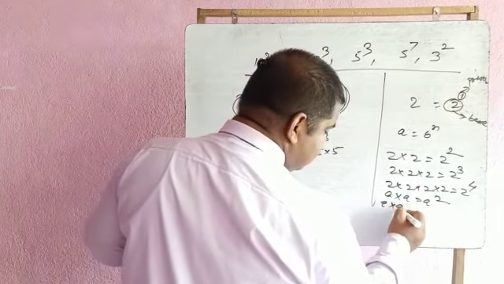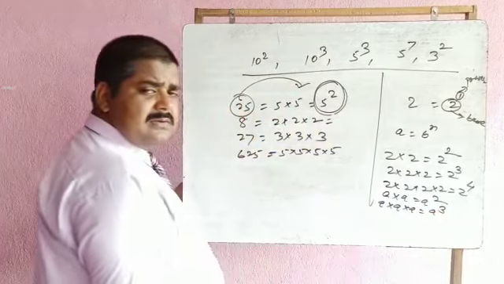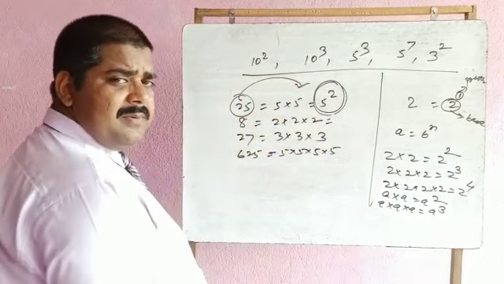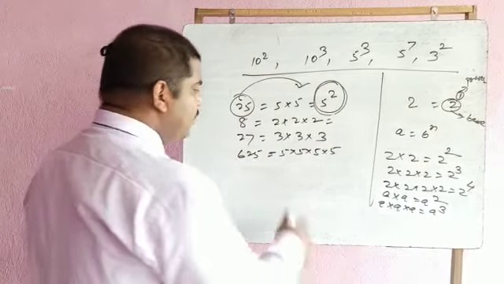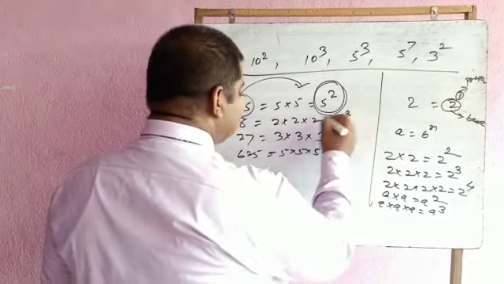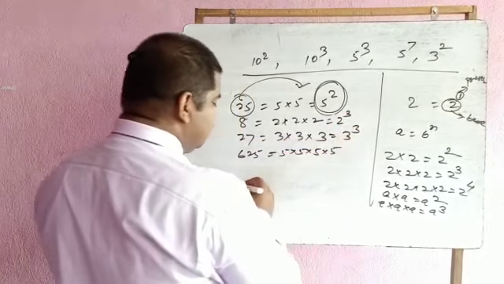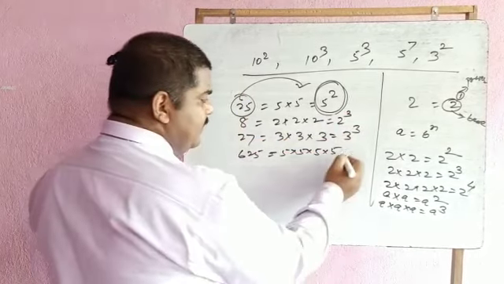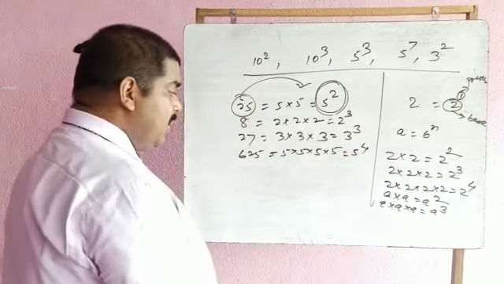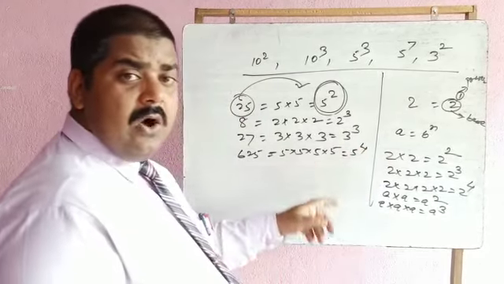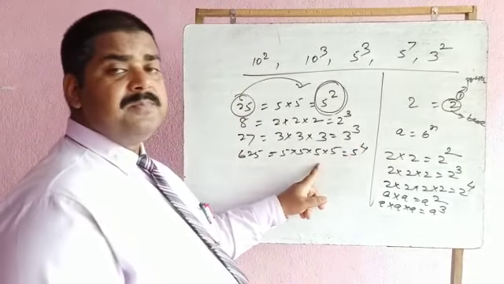If a is multiplied 3 times, then a cube. So 8 can be written as 2 cube, 27 as 3 cube, and 625 as 5 to the power 4. Why? Because 5 is multiplied 4 times.